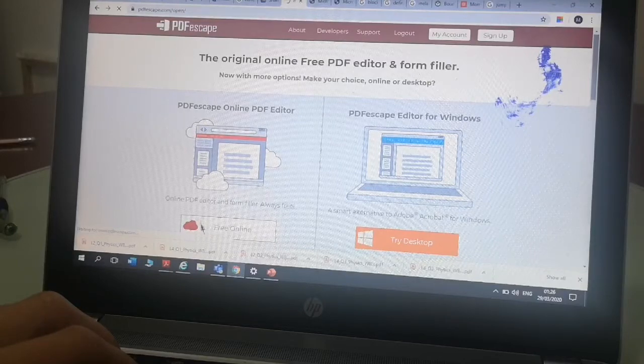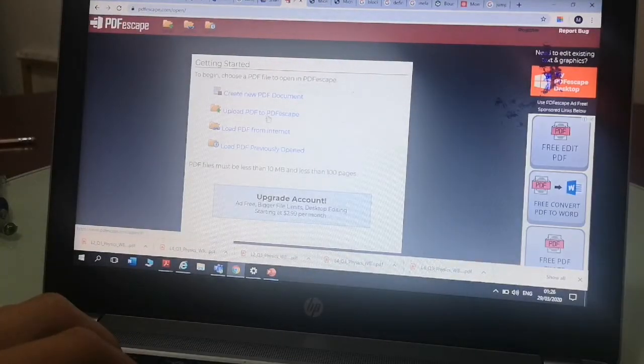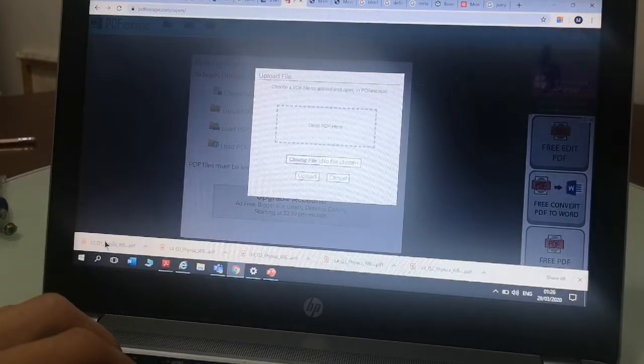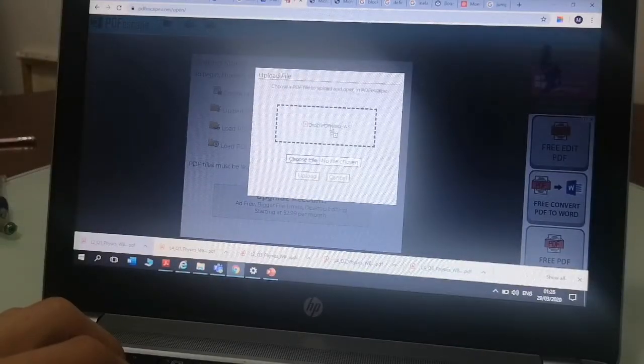You don't have to download anything, go to the free one. Upload PDF, and then it's saved down here. You can find it in your file, or you can choose the file. I know it's here, so I'm just going to drag it in.